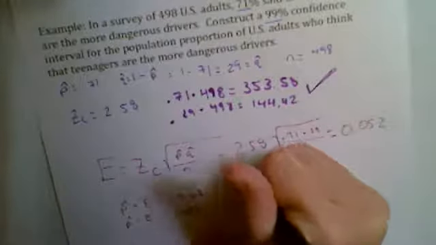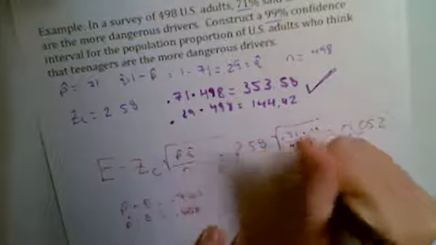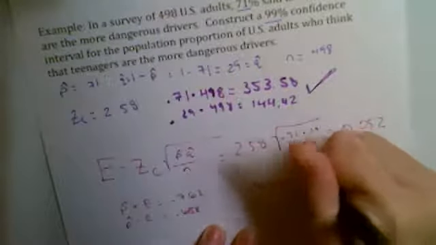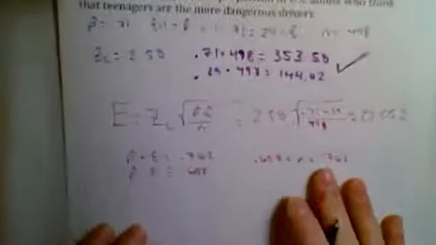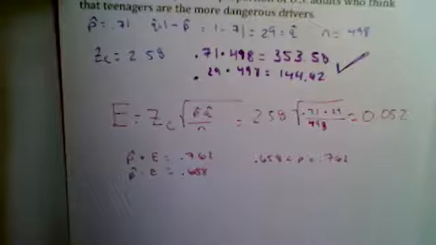So we're gonna write our confidence interval, remembering that the smaller number is always gonna go on the left, right? And then we're gonna write our sentence.